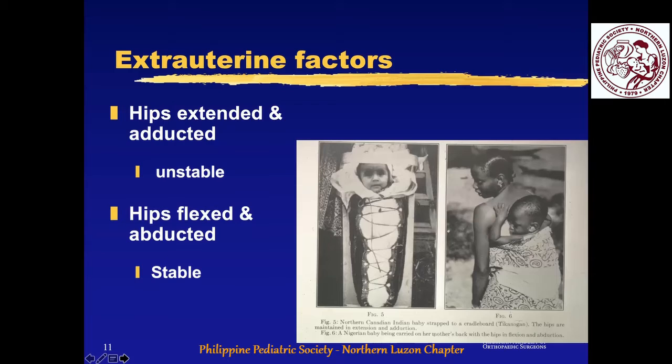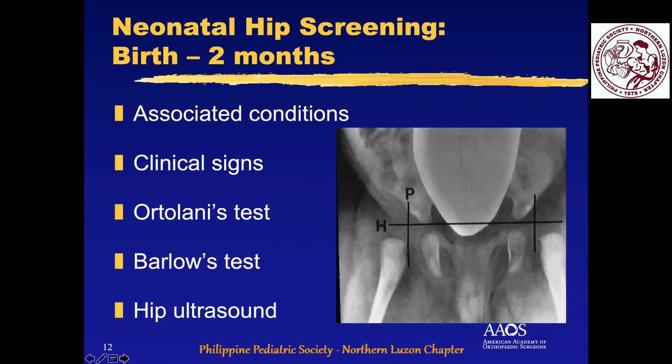Whereas in other areas where the babies are carried with the hips flexed and abducted, this is a more stable position of the hip, and it allows the hip to develop more properly. So luckily in the Philippines, I think most of the areas we've seen carry their babies this way, strapped around the bodies of the mother and with the hips abducted and flexed.